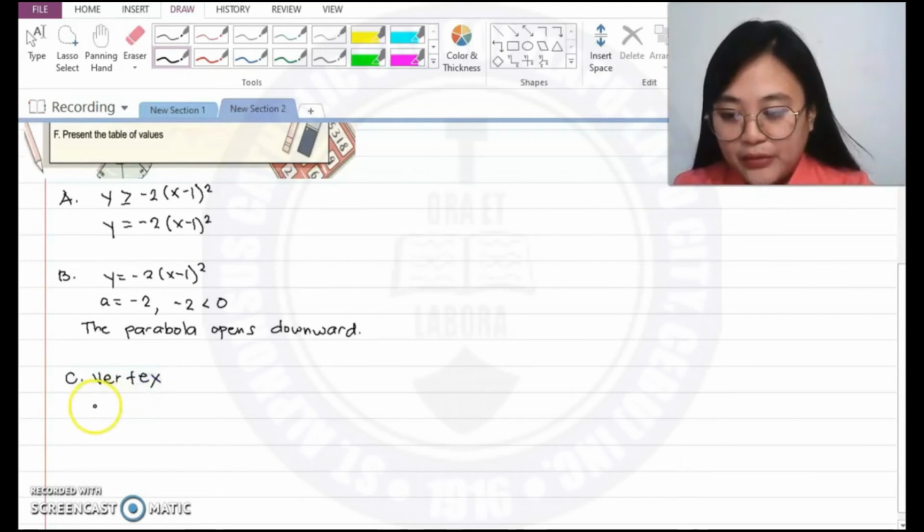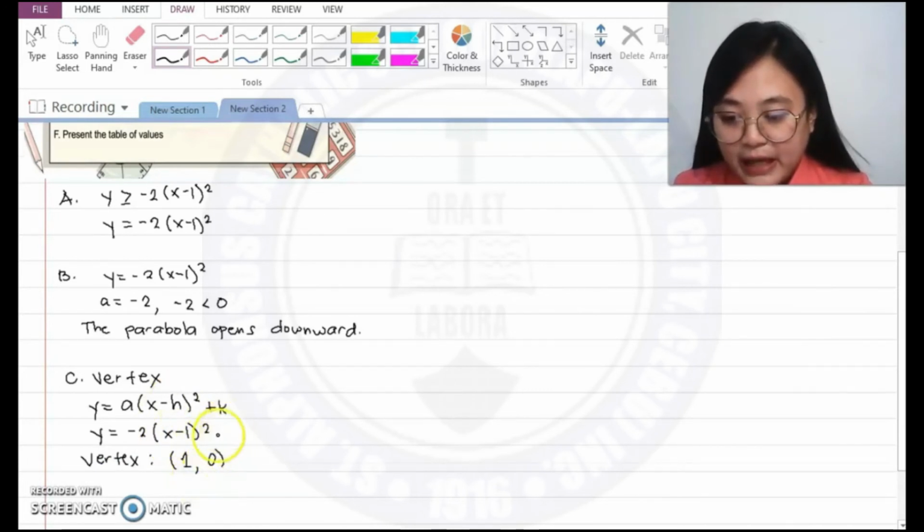The vertex form is y equals a(x - h) squared plus k, and the given here is y equals -2(x - 1) squared. Therefore, the vertex, or h and k, is (1, 0). Why 0? Because there's no plus here, therefore k is 0. So I want you to highlight that one.